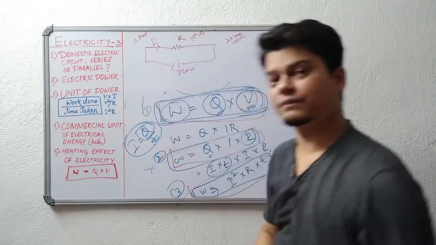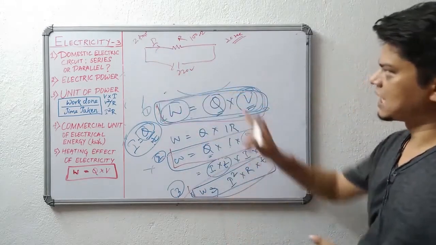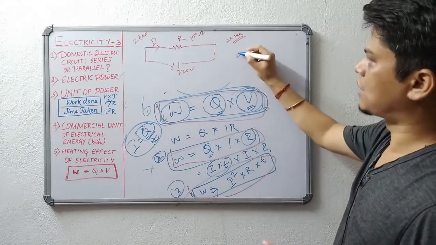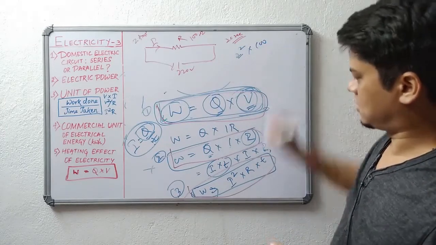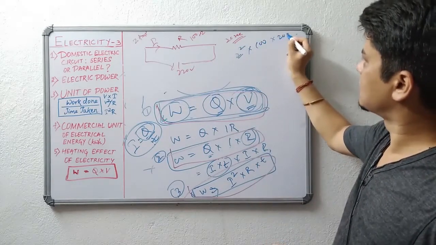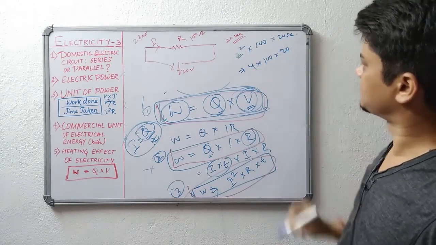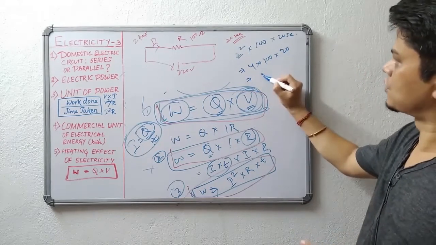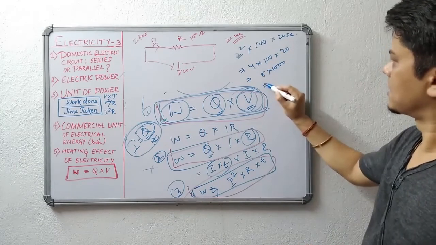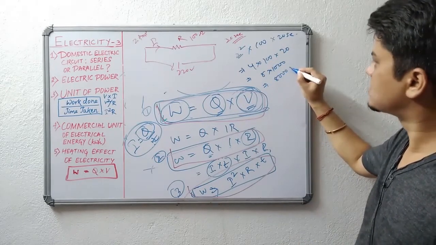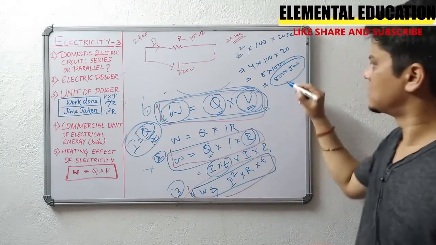What is the work done, or how much energy is spent? Simple, we can use this formula. I is 2, so 2 squared, R is 100 ohm, T is 20 seconds. So 4 into 100 into 20, which is 8000 joules.